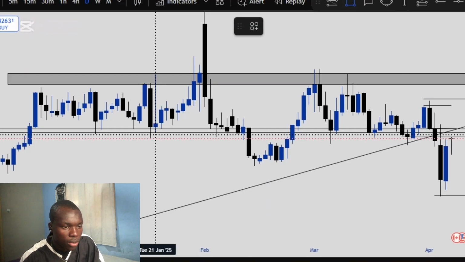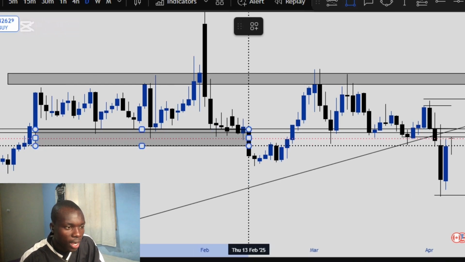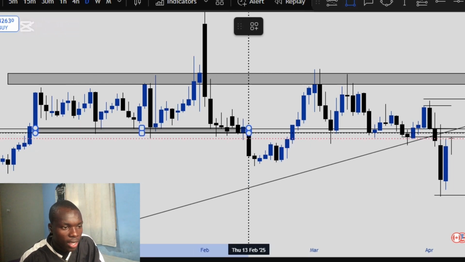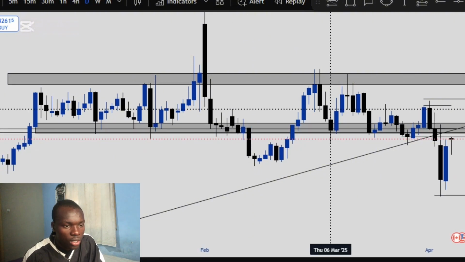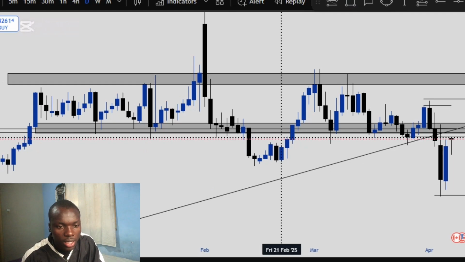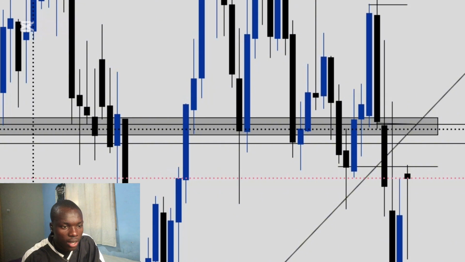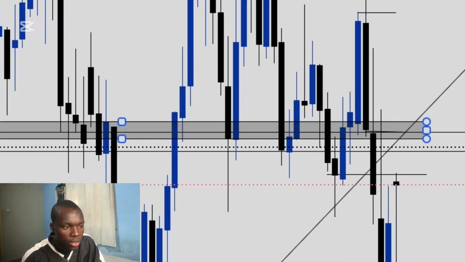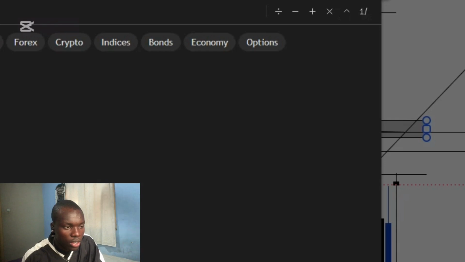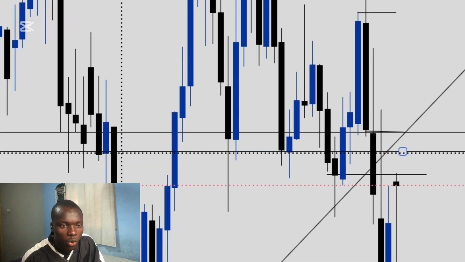Then with my tools, I can draw from this end, and I can also draw it to this end. You can see there is a lot of retest around these zones. Whenever the market comes here, you can see there is a retest and there is a move.